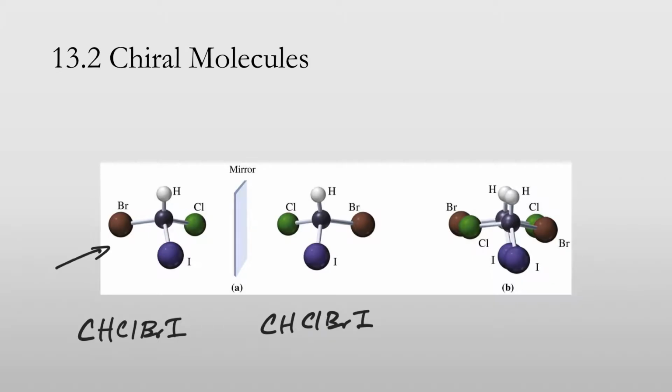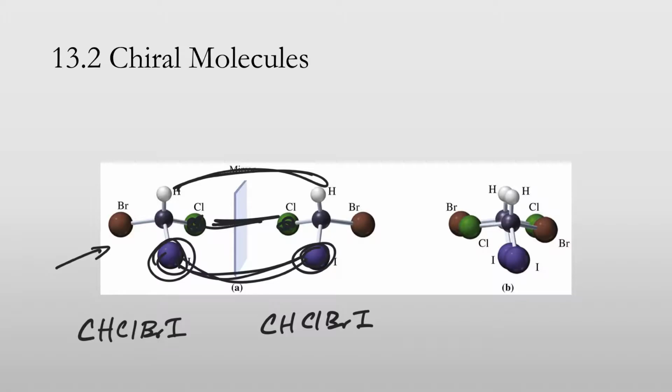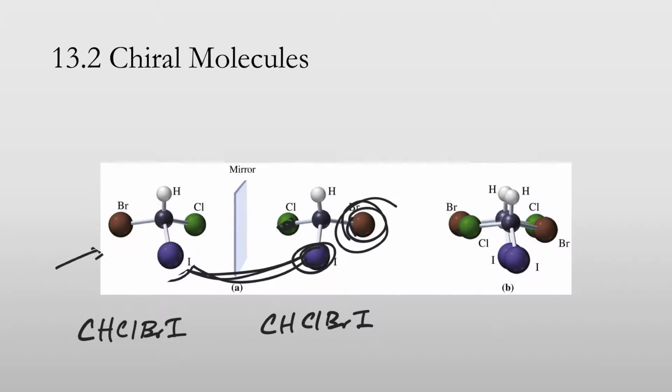They're definitely mirror images of each other because you have the chlorines on the same side, back, and in the back portion on the right here, back, and on the left. The iodines are in front to the right, and then this is in front to the left. The hydrogens are straight across from each other, and the bromines are both to the back side of the molecule. This bromine is on the right, that bromine is on the left, and so they're exact mirror images of each other, right?